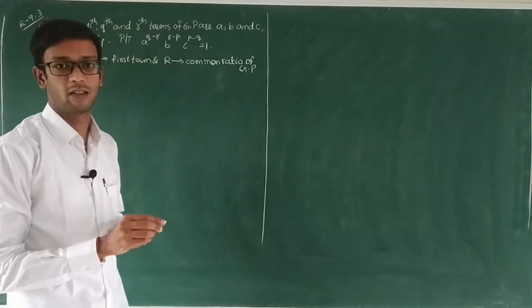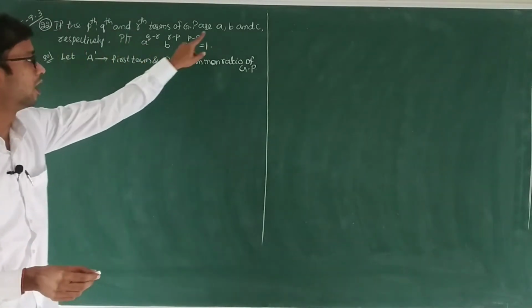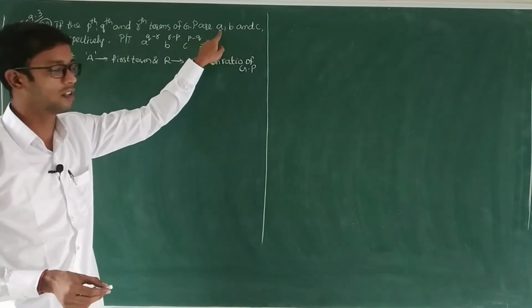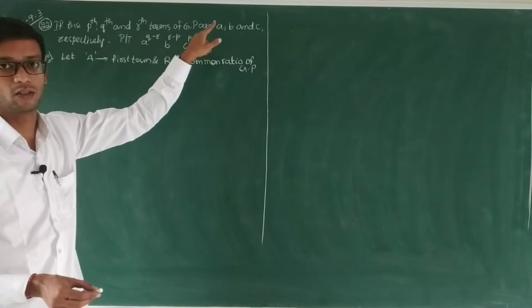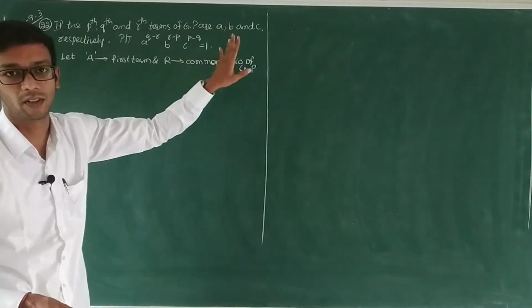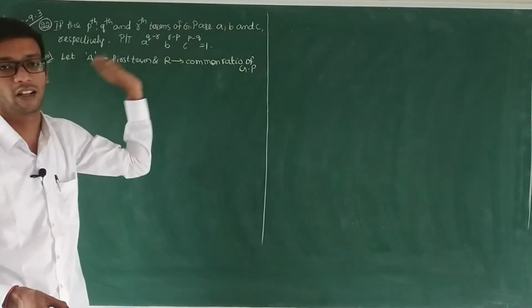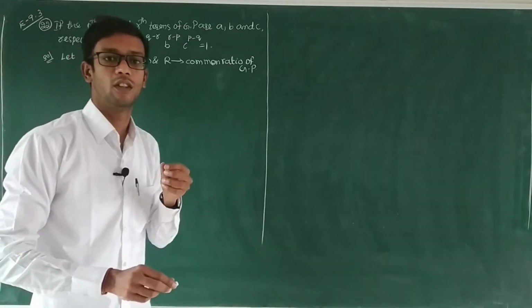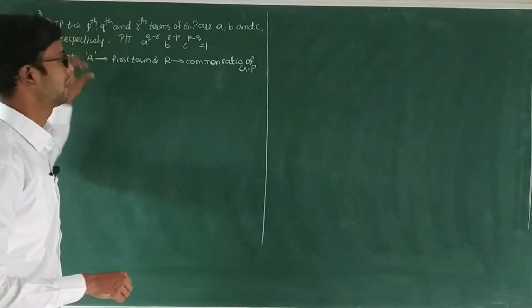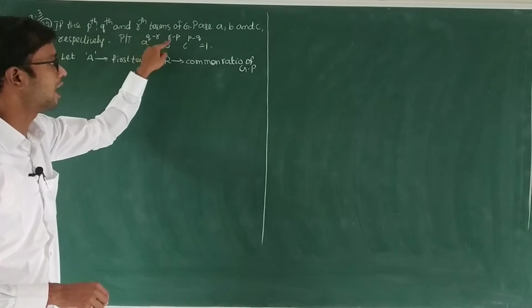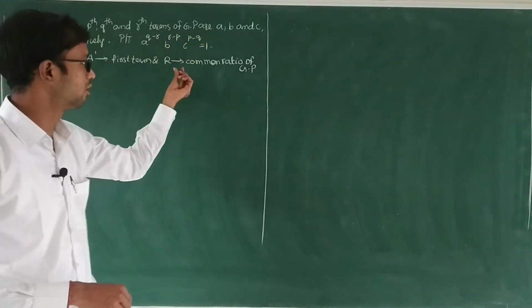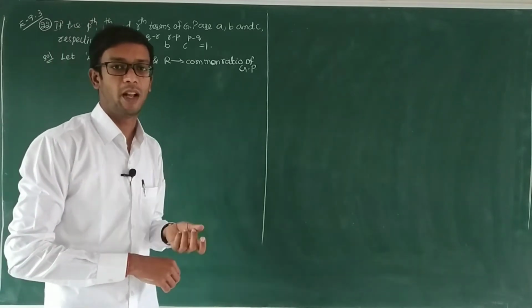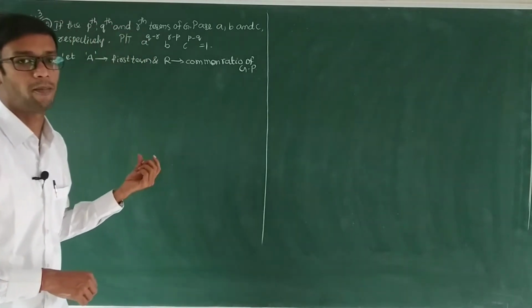Actually we take small a and small r. But you observe in the question, A, B, C are there. A is not the first term, it is just the Pth term given. So for changing purposes, if you take A again, you will get confused. That is why I am taking the first term as capital A. And you observe small r is also there in the question, involving small a and small r. So that's why I am taking the common ratio as capital R and the first term as capital A.